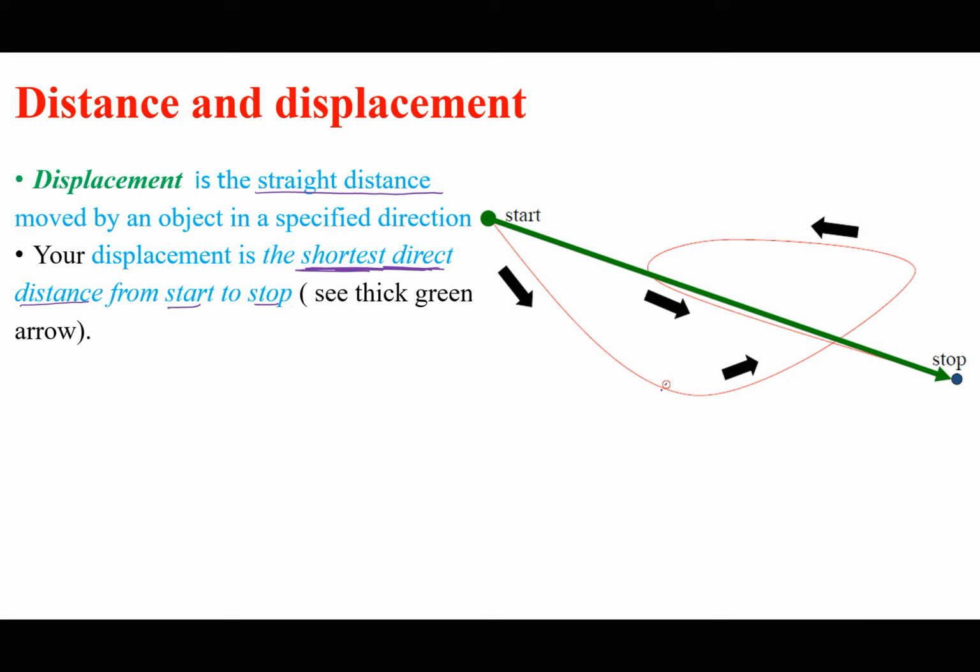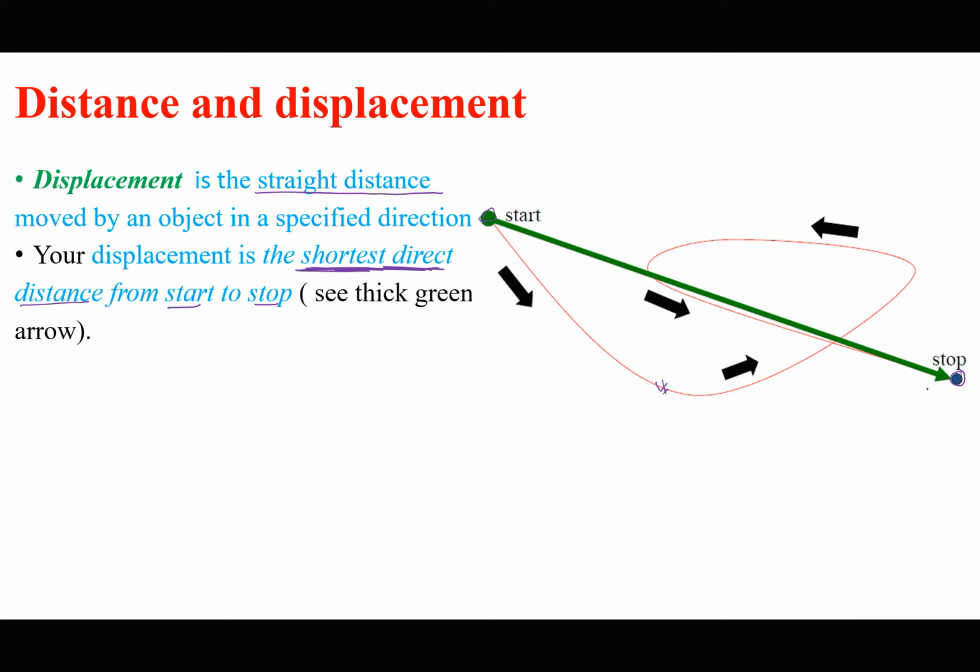So instead of following the red line, you just move straight from the starting point to the stopping point. So the straight line distance or the shortest direct distance from the starting point to the stopping point is what we call displacement. In other words, displacement can be defined as distance moved by an object in a specified direction.